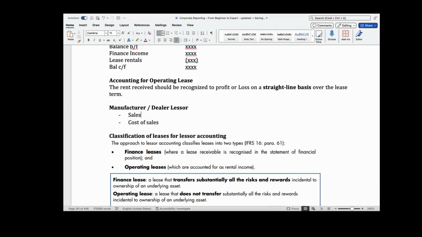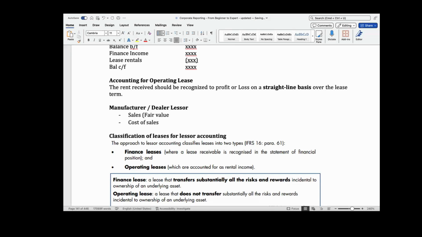So in addition to recognizing the net investment in the lease or lease receivable, he must also recognize sales minus cost of sales. That will give him a gross profit. So the key question is, how much is he going to put as sales? Very easy. It could be the normal selling price, that is, if he was going to sell this asset, how much would he have sold it?